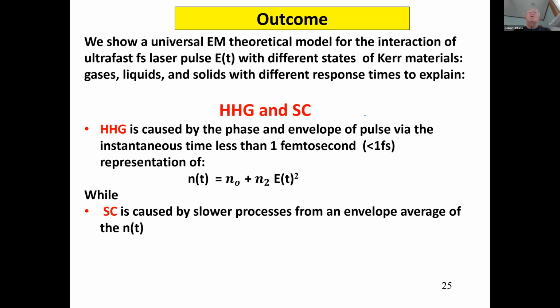And this is a more universal model and depends on the response time of the material you use, be it a gas, liquid, solid, or plasma. So these all generate HHG if you have a response time that's on the order of a femtosecond or less.